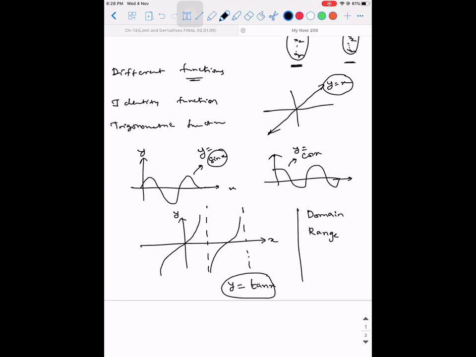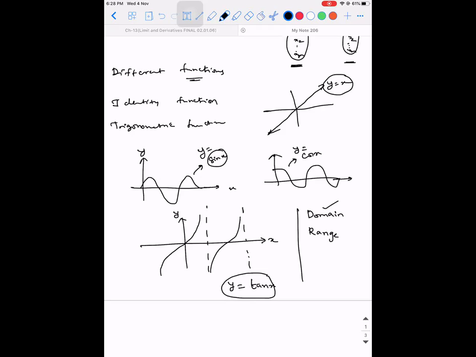What is domain? Set of what? Set of all. Is it input values or output values? Input values, sir. Set of all input values for which a finite output is expected.